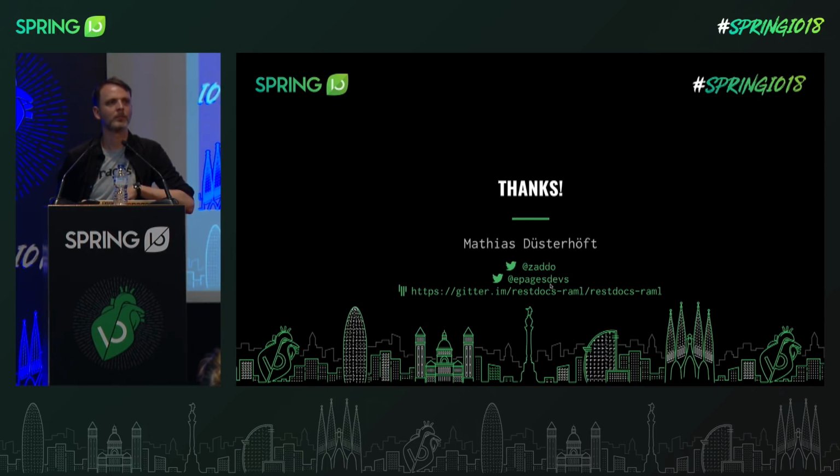So does this AsciiDoc form or RAML form enable you to execute contract tests by Pact? At the moment, not. At ePages we have a different Docs RAML extension that's supporting YAML. So it's doing something different than Spring Cloud Contract and emits YAML stubs from your tests. But yeah, that's all at the moment. Okay, thank you.